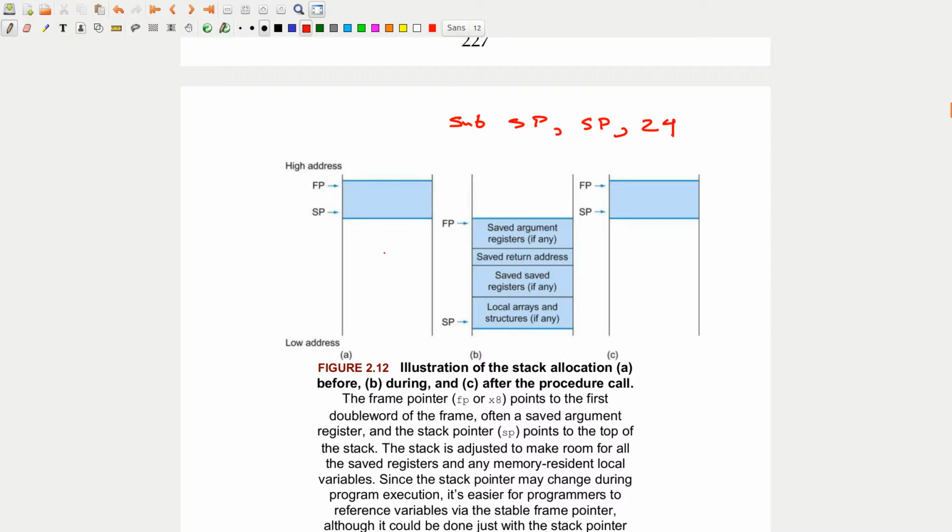So we want to move the stack pointer down and make some space. And then we load on local arrays, saved registers if any, saved return addresses, and then saved argument registers if any. And then after the procedure call, we of course have to increment. So we do the opposite of this. We now add. Oh sorry, when I said sub here, it should have been, oh no, that was right. And then now we add. Okay, so that should be correct.